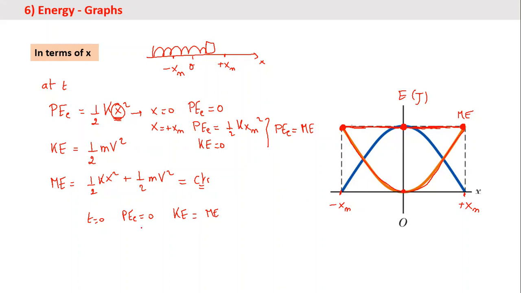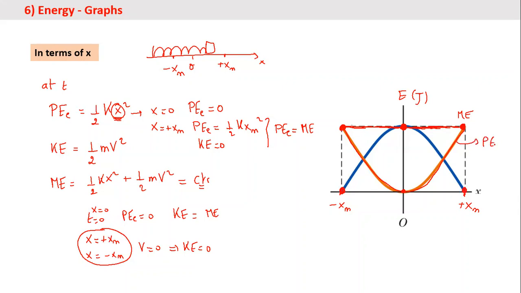While for x equal to plus xm or x equal to minus xm, at the maximum elongation or compression, we know that the speed is equal to 0, which means the kinetic energy is equal to 0. This means for x equal to minus xm, kinetic energy is 0, and here also kinetic energy is 0.